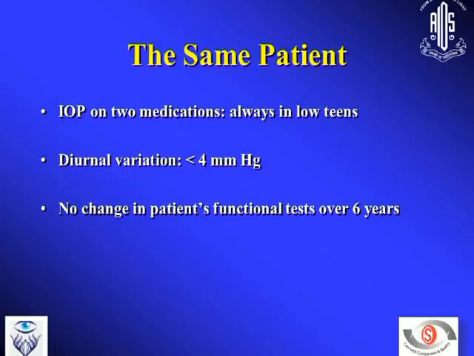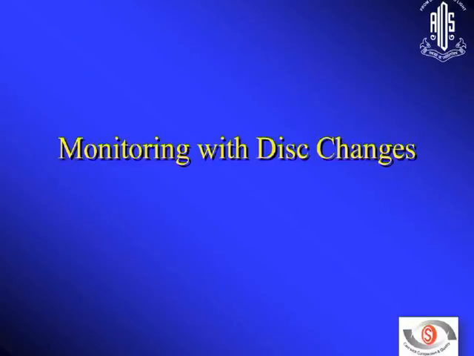On diurnal variation, pressure fluctuation was less than 4, stable. So that is a red disease, which can happen in progression also. That is a specific thing related to imaging technology. So you have to be careful about imaging technology also, and that's why the role of clinical optic disc evaluation comes into the picture. With these changes, that is only clinical thing, and this photograph, that is what I'll be talking about.